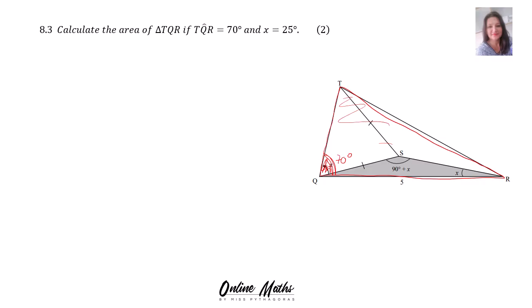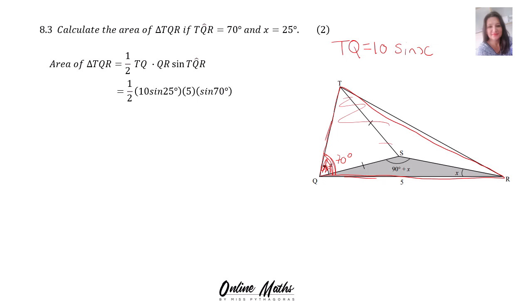Remember, the previous sum we worked out that TQ was 10 sin X. And now, if we want the area, the area rule is half TQ times QR, the sin of TQR. And then TQ from the previous sum was 10 sin X, but X was given that it's 25.